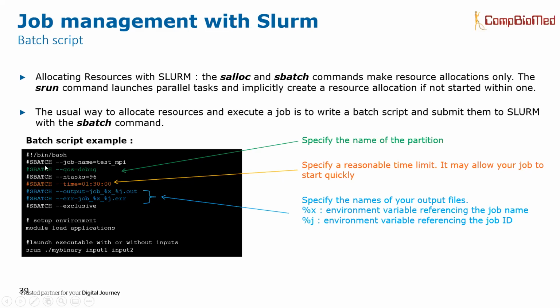Finally, once you have specified all these options, you can set up your software using module if you want to compile or execute. Then you launch your application using either srun or mpirun. The launching is specific to the application you use, and it will mainly be addressed in the following sessions later this week.